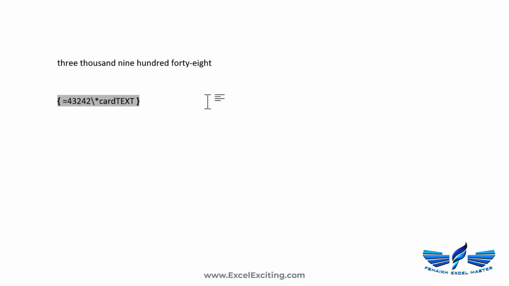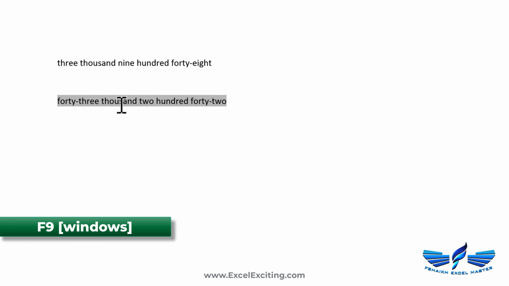Now remember, this word cardtext is not case sensitive, so you don't have to worry much about it, but you have to make sure that the word cardtext is written correctly. Now again, this time I'm going to press F9. So that has converted the number for me into words. This is pretty cool, isn't it?